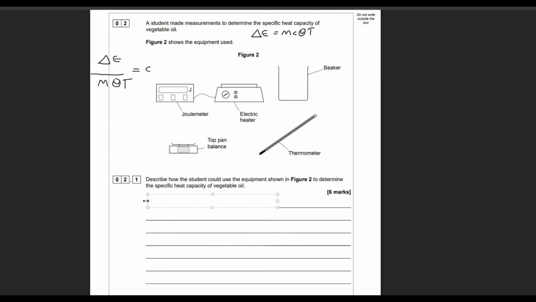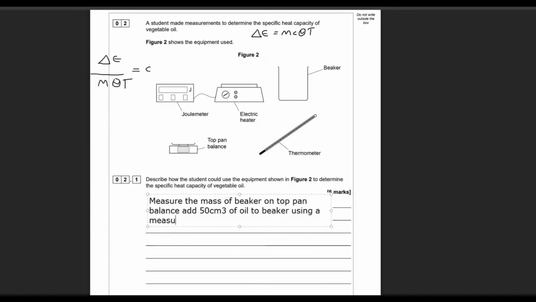So first up, I want to measure the mass of the beaker on the top pan balance. Add, say, 50 centimeters cubed of oil to the beaker, using a measuring cylinder.